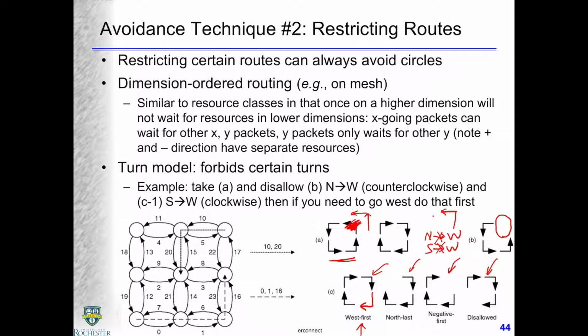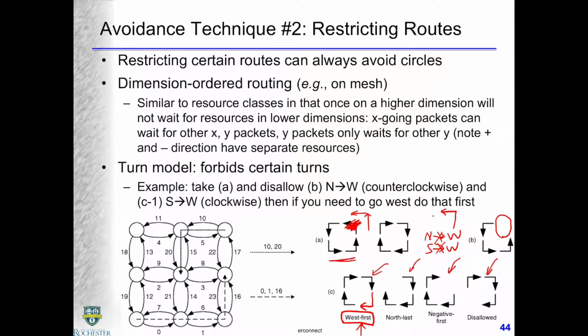I cannot turn if I'm already moving north or if I'm already moving south. That means if you're already going in the north or south direction, you cannot go west anymore. It's disallowed. So if you want to go west, you go west first.